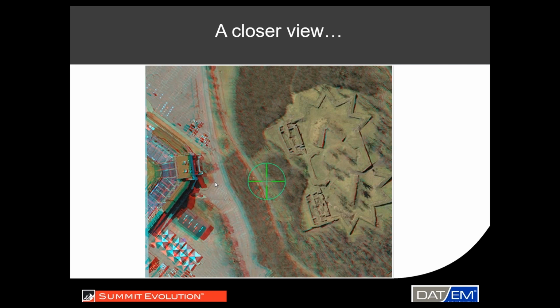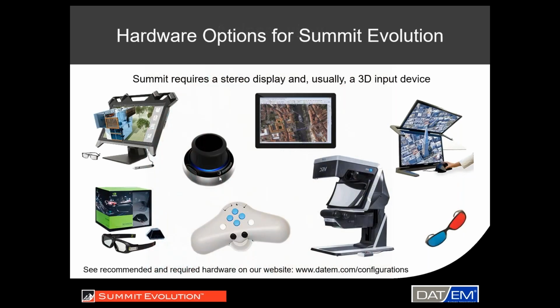I have that cursor hovering over the green, this green target right in the middle of your screen is my 3D cursor. Right now I have the model converged so that the fort at its elevation is properly converged, and I could map the features, the points, and the walls of this fort from this view. If I wanted to map the stadium, I would drop my cursor down onto this surface and start mapping from there. That's the 3D aspect.